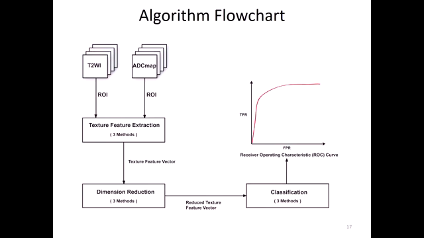And from that, we will judge a metric on how well we're performing. I'm going to be doing cross combinations of these methods. So in total, with 3 and 3 and 3, we get 27 different combinations. So we'll be able to analyze 27 different algorithms to find out which is the best.